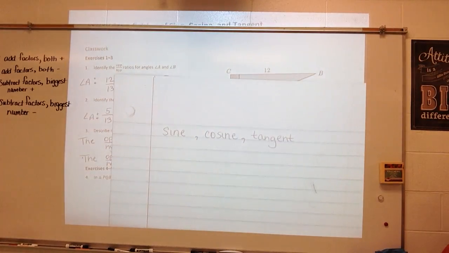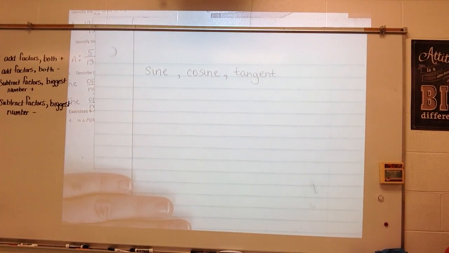These are the three words that we use to describe the opposite over hypotenuse, the adjacent over hypotenuse, and the opposite over adjacent. So we're going to now get into being able to call them sine, cosine, and tangent.